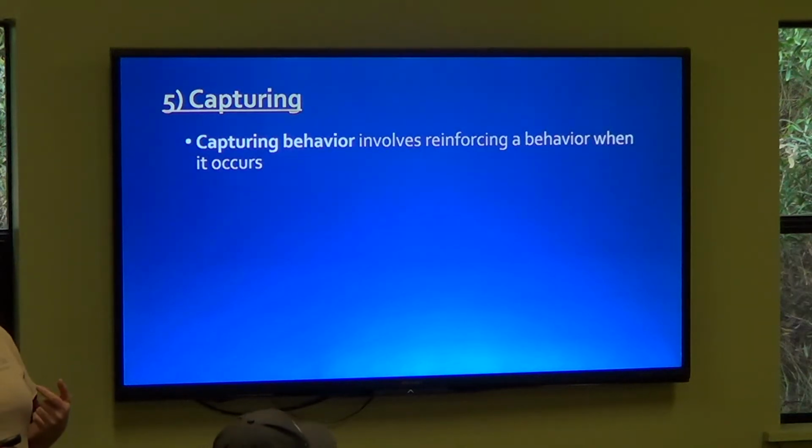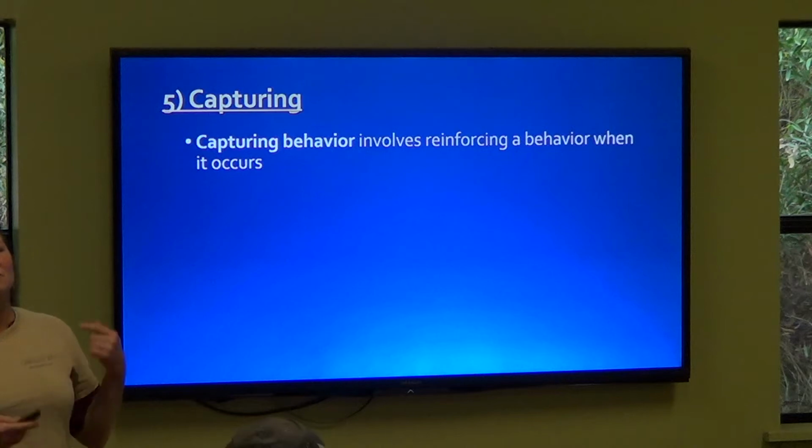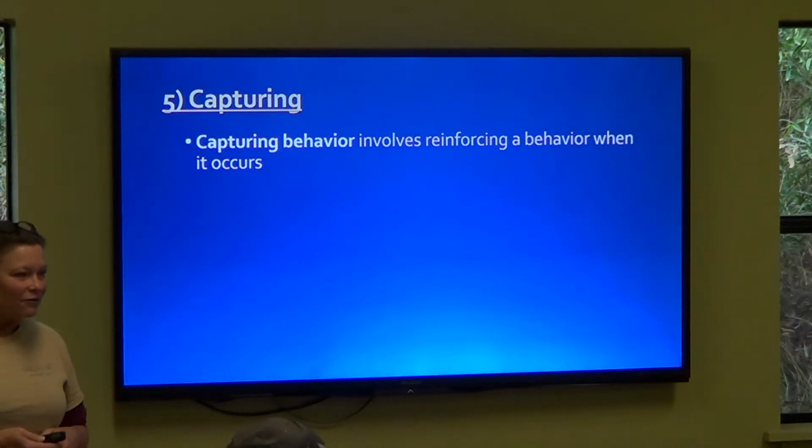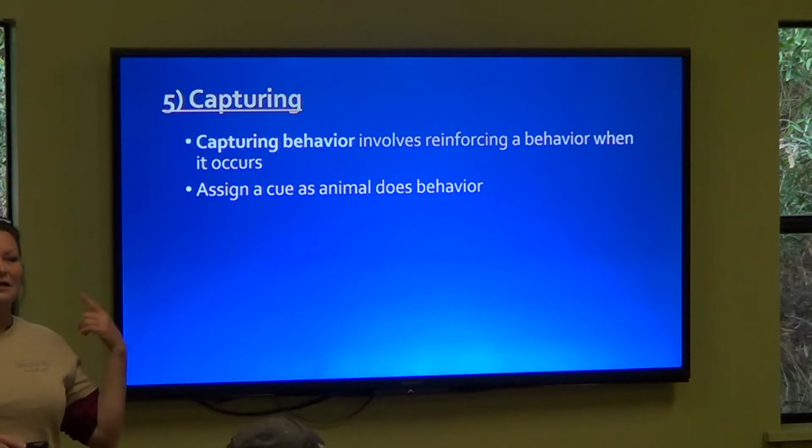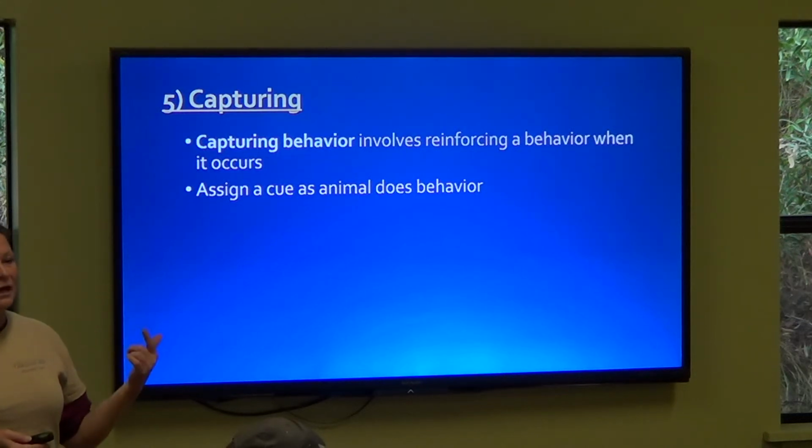Okay, capturing. Capturing involves when you see an animal do a behavior, you reinforce it. When you're using capturing, again, like bribing, you want to assign a cue as early as possible so that, again, the animal's hearing and seeing that cue in association with doing the behavior and getting reinforced.